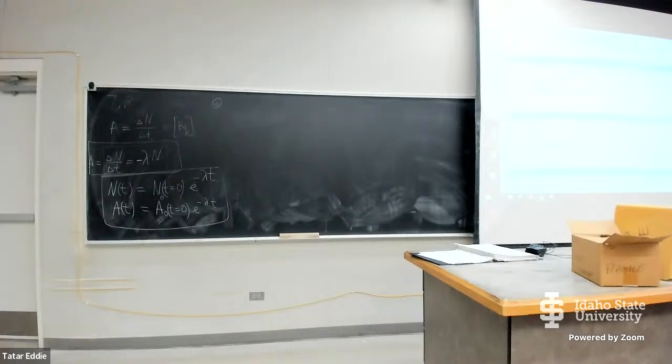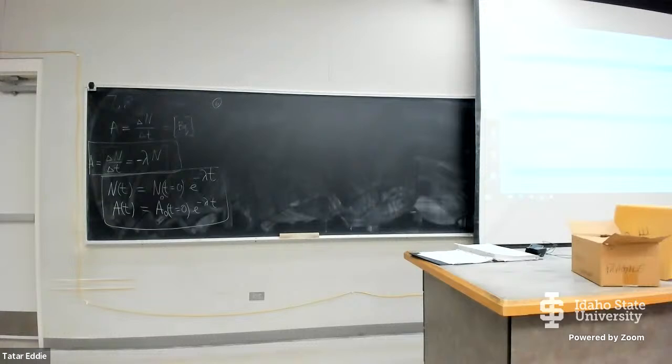So you have constant production of carbon-14. And simultaneously, those produced carbon-14 nuclei decay with a half-life of 5,730 years. So at any moment of time, you have some equilibrium concentration of carbon-14 in the atmosphere.